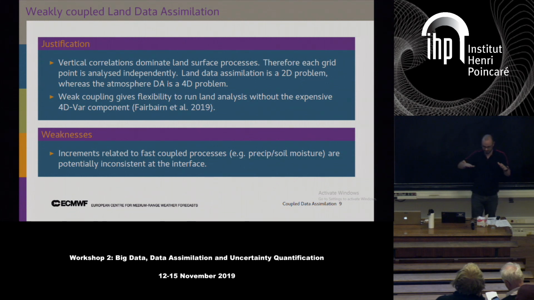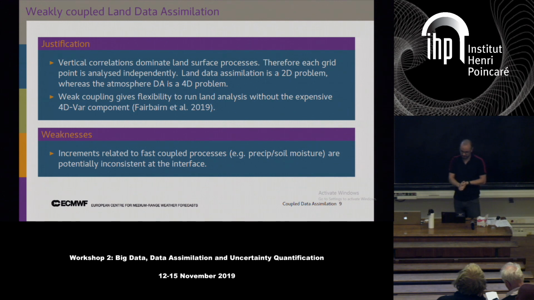You don't get long interactions horizontally. What you get are vertical processes happening in these timescales. So really what we want to consider is the vertical and time for each grid point. So we have a 2D problem. We don't have everything interacting as in the atmosphere in this 4D problem.